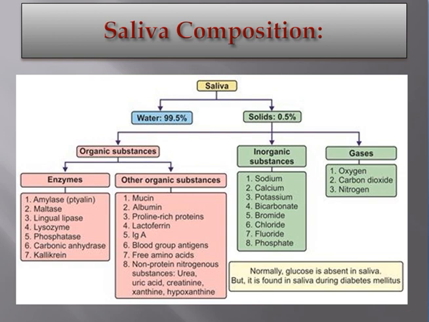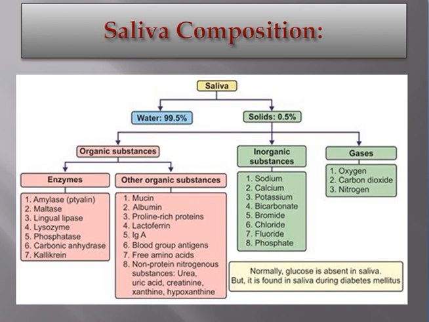On this slide, there is a scheme of the composition of the saliva, and you can easily see two main types: organic substances and inorganic substances. Sometimes we can also separate gases. Among the organic substances are enzymes, and I mentioned organic substances like mucin, albumin, and proteins.